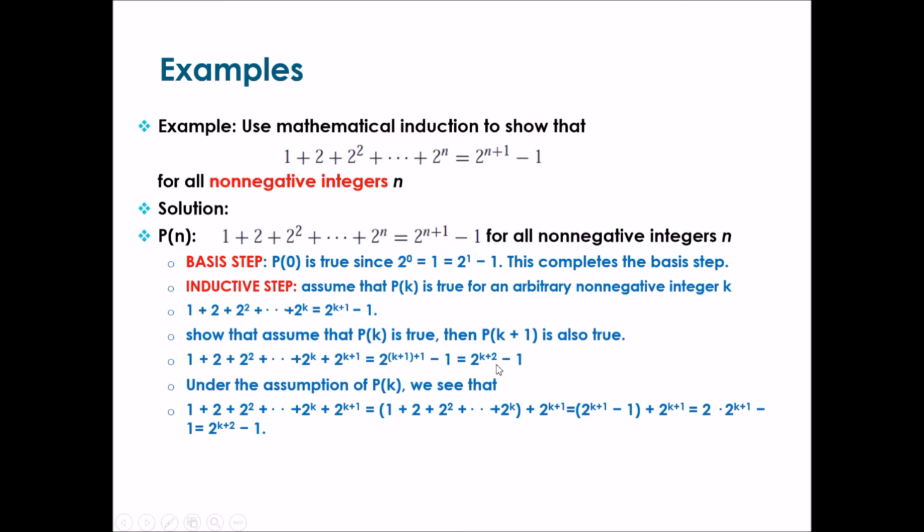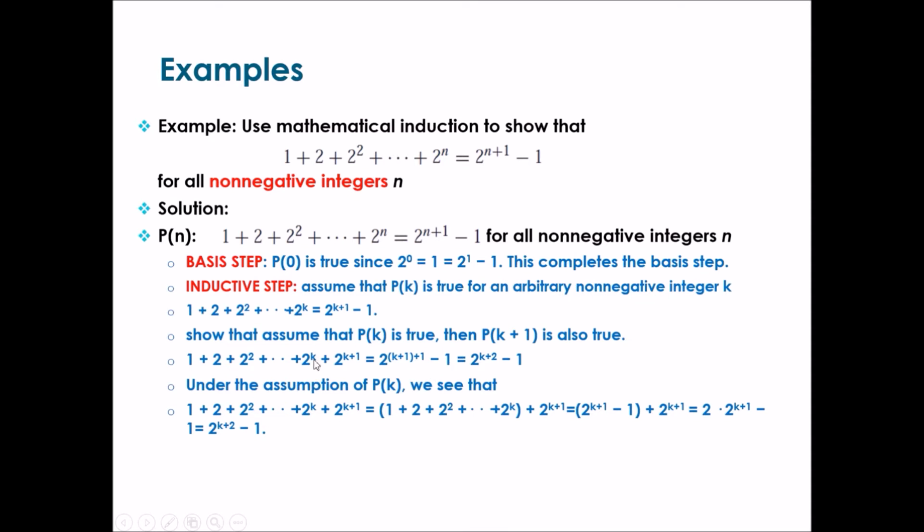This is what we have to prove, so keep it in mind, and we have to prove it using the fact that P(k) is true. So let's consider the left hand side of P(k plus 1), and split it into two parts.